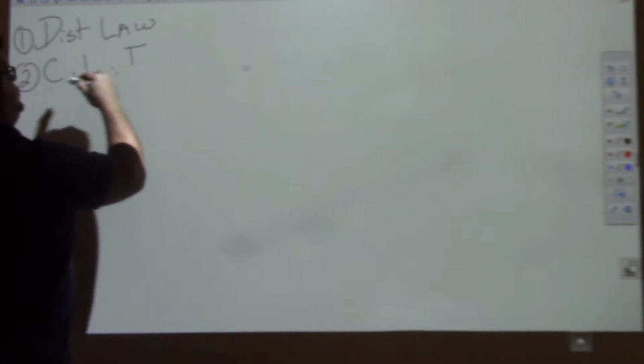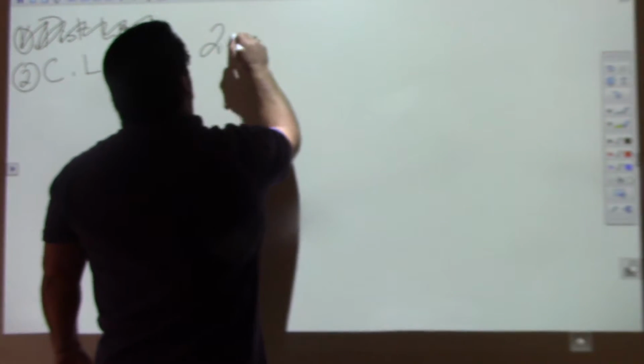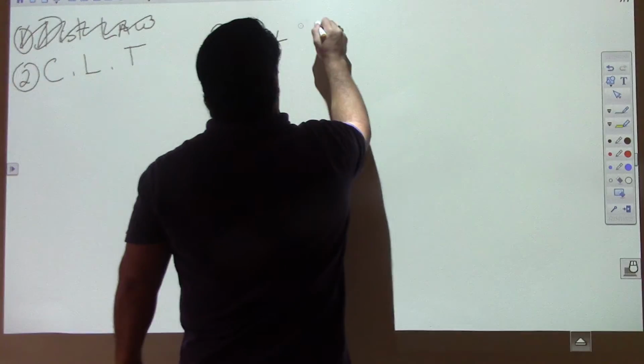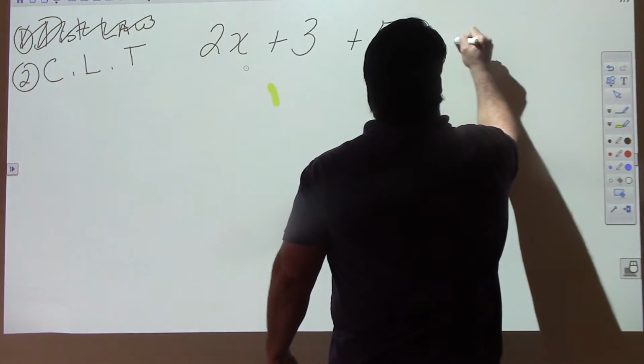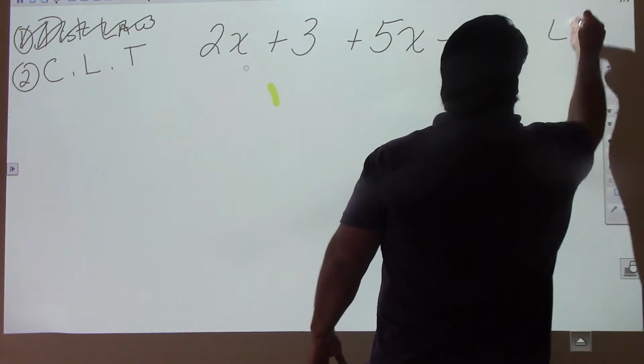But what I'm going to do first, before we do both of them together, I'm going to do combining like terms before we do distributive law and combining like terms. So we're not going to worry about this right now. We're just going to combine like terms first. So I'm going to put 2x plus 3 plus 5x minus 2 is equal to 4.